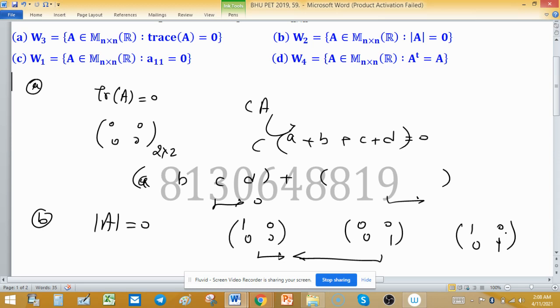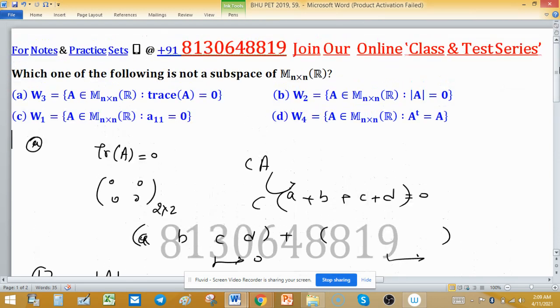This means the sum of two matrices is not in W2, so W2 is not a subspace, and we are interested only in which doesn't form a subspace. So option B is the correct choice.